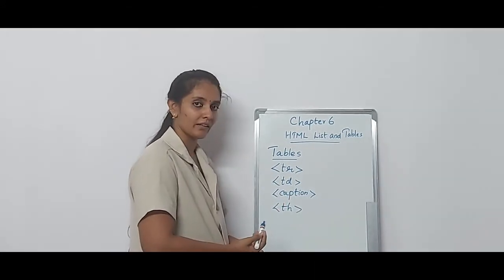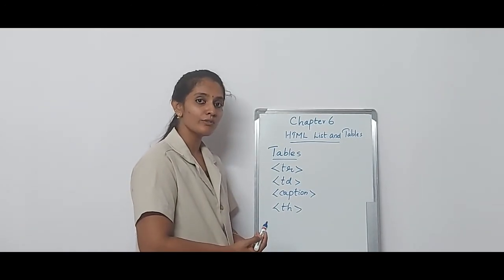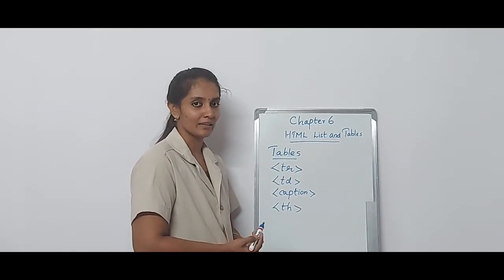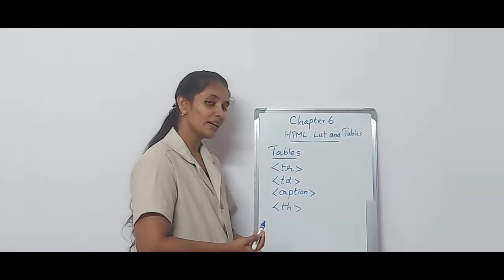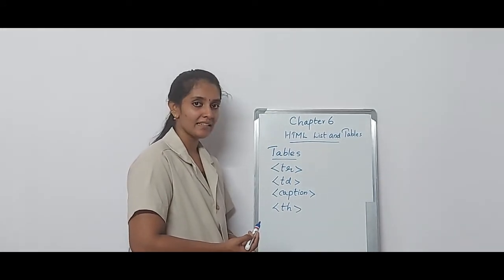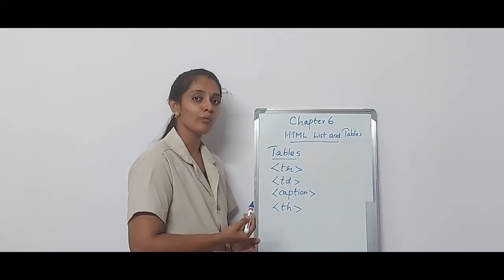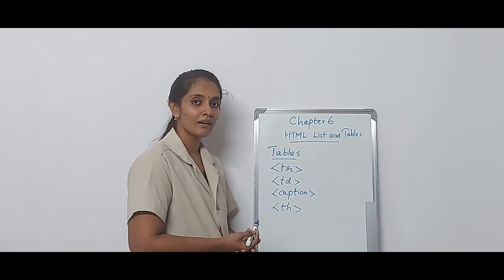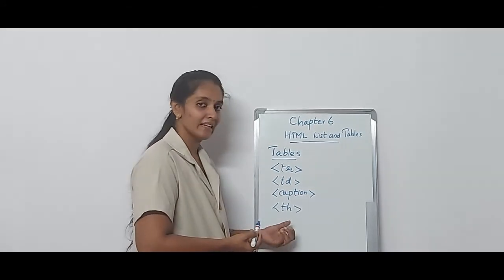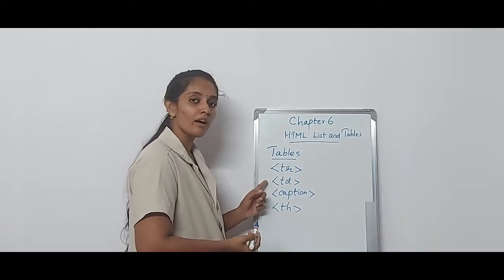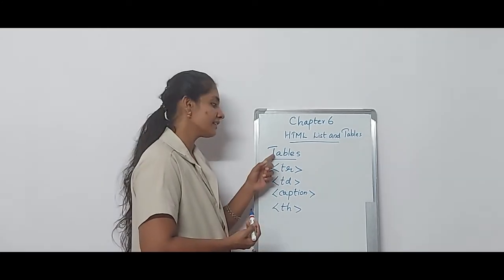Next is caption. Caption is used to give a title for the table. The last one is TH, that is table heading. If you want to give a heading for a table, then you can use this TH tag. These are the four child tags of the table tag.